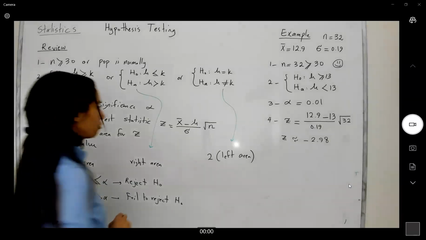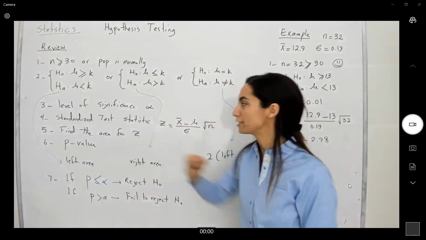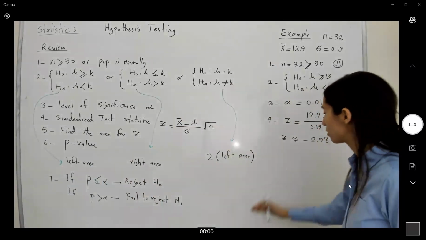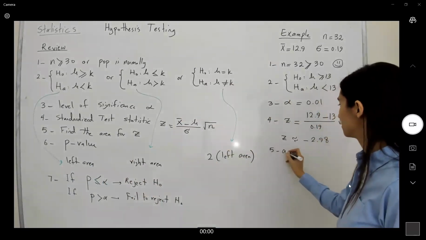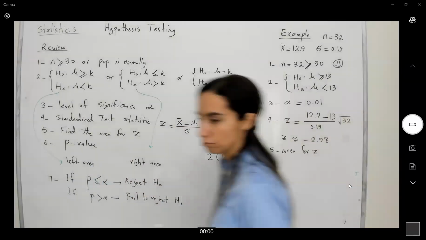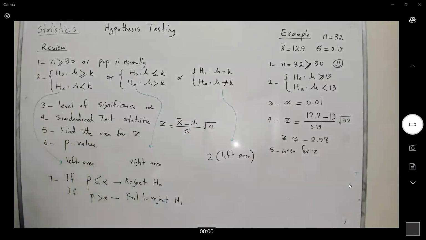Well done. Perfect. Very well. So what is the next step? Find the area for Z. What is the area for Z? Normal CDF. Okay. Very good. We're going to use our calculator. What do we get? What is the area? 0.00146.